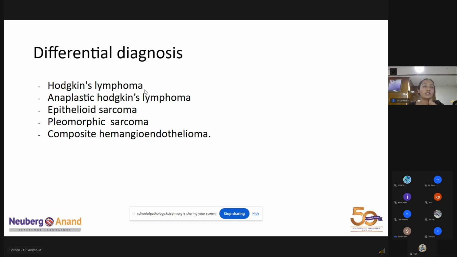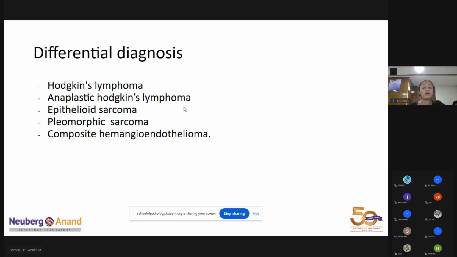First of all, in Hodgkin's lymphoma, these pleomorphic cells or Reed-Sternberg cells are seen scattered in a lymphoid background. It will have a polymorphous lymphoid background within which you'll see scattered Reed-Sternberg cells. That was not the morphology seen here. And you will see normal residual parts of lymph node as well, which is not appreciated in this case.